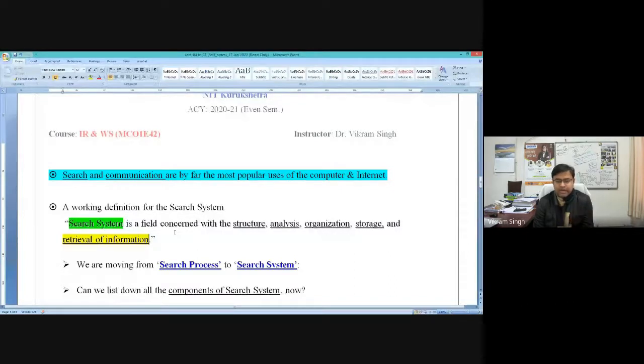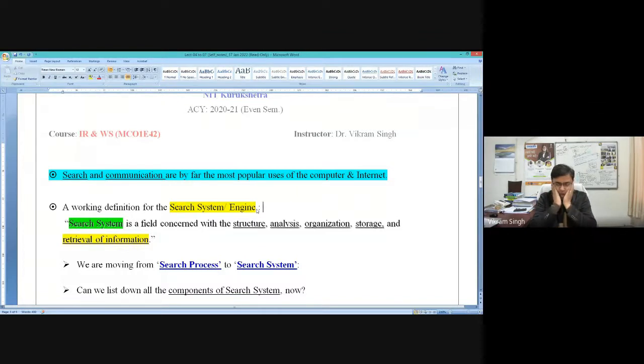At this point of time, you can call it a search system or search engine. I do not prefer using the term engine because it emphasizes a system view which is more or less a physical system, maybe an electronic system, with some part integrated with hardware and some part with software.